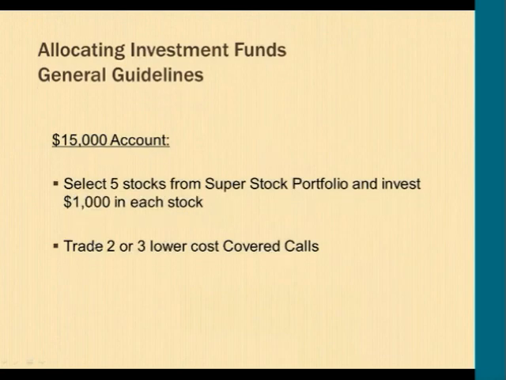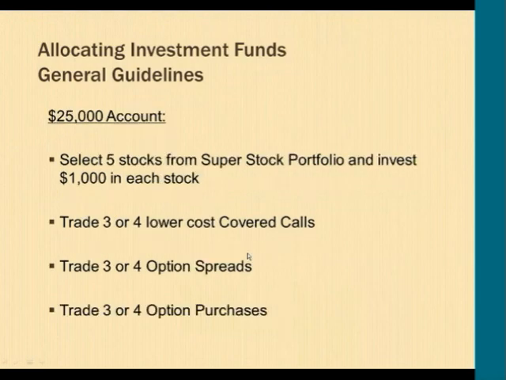And with a $15,000 account, you could invest $5,000 in the super stock portfolio and $10,000 in these lower cost covered call trades. In a $20,000 account, again, you could invest in these 2 portfolios: $5,000 in the super stock portfolio and $15,000 in lower cost covered calls.